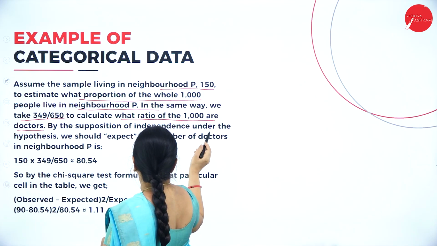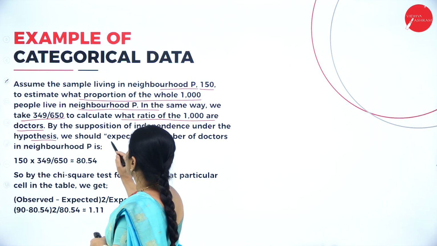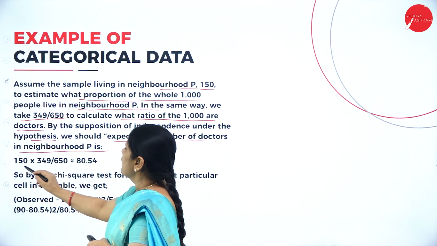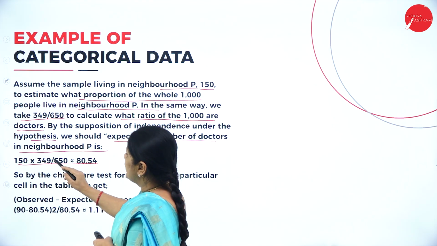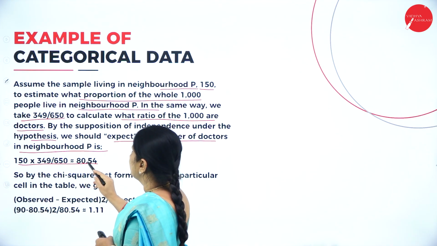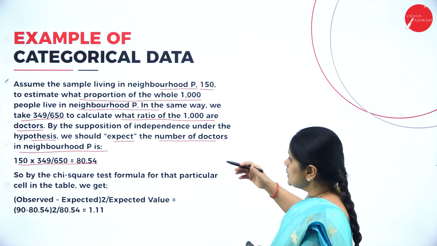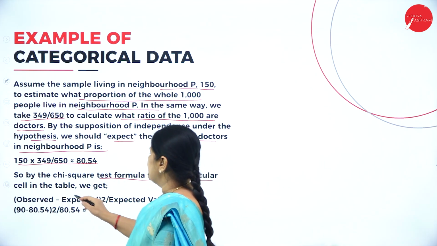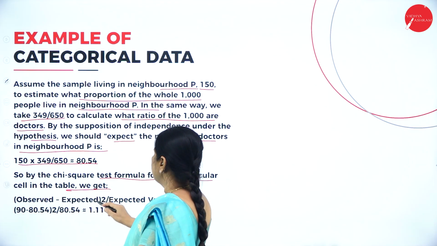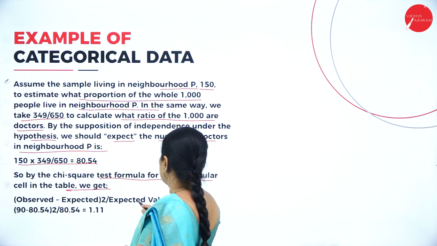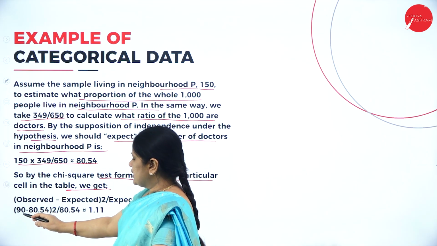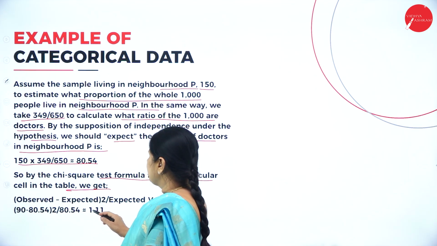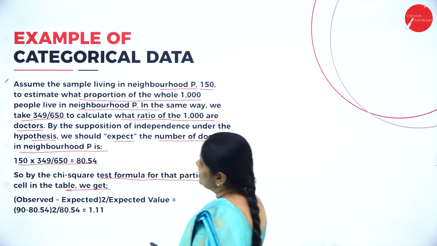By the supposition of independence under the hypothesis, we should expect the number of doctors in the neighborhood P to be 150 times 349 by 650, which is approximately 80.54. By the chi-square test formula for that particular cell in the table, we get observed minus expected, squared, divided by expected value. So that is 90 minus 80.54 squared divided by 80.54, which is approximately 1.11.